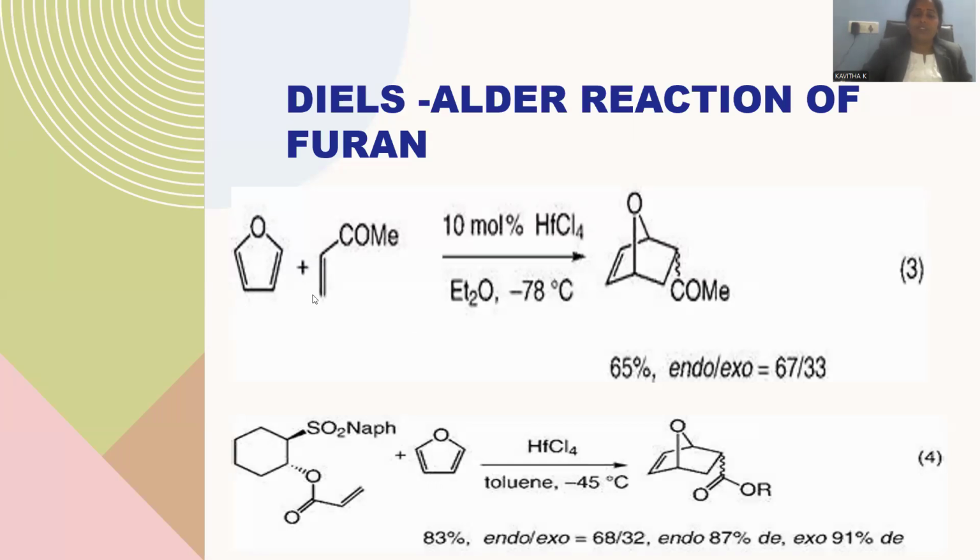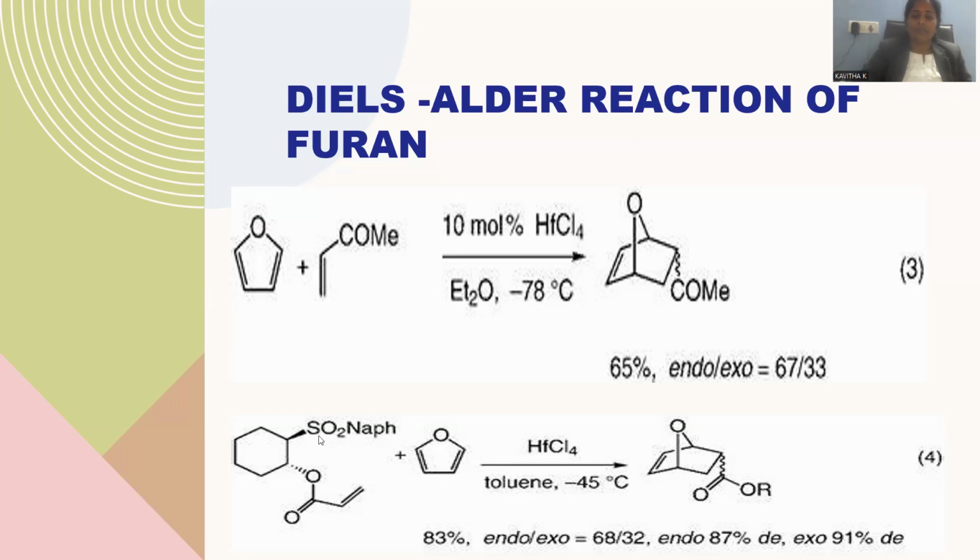Let me extend the Diels-Alder reaction between furan and a kind of electron withdrawing group containing double bond. This is a dienophile, and treated, giving rise again to the adduct formation. Endo and exo product formations are possible. This is the way adduct formation you can notice.